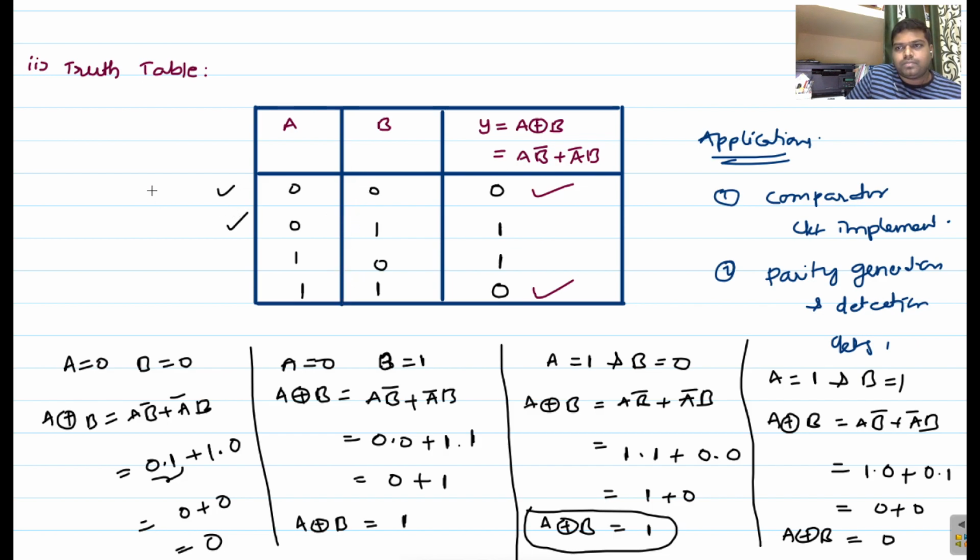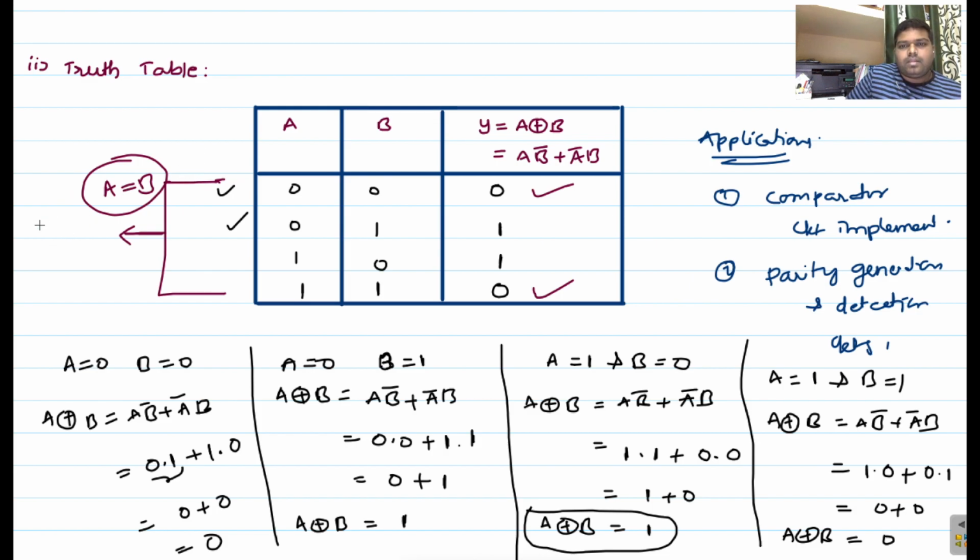That is my question. That means if both the inputs are same, then the output will become logic 0. If both the inputs are same, that means here A equals 0, B equals 0, and here A equals 1, B equals 1. That means A equals B. When both the inputs are same, the XOR logic is logic 0.